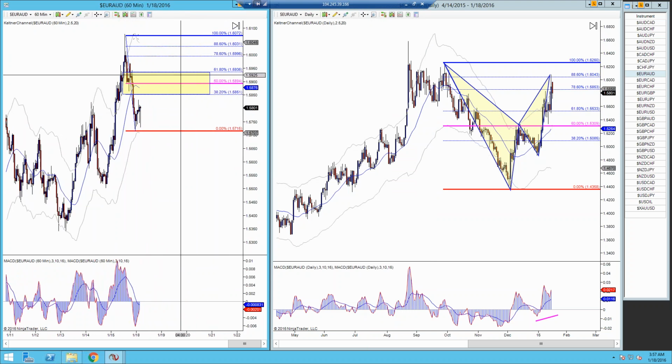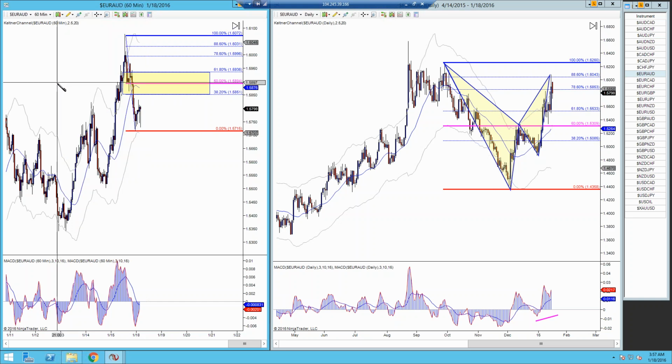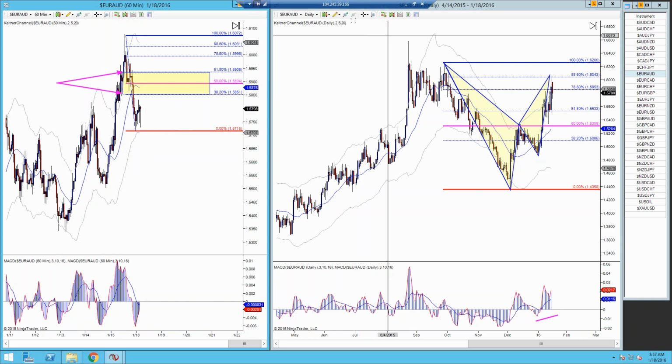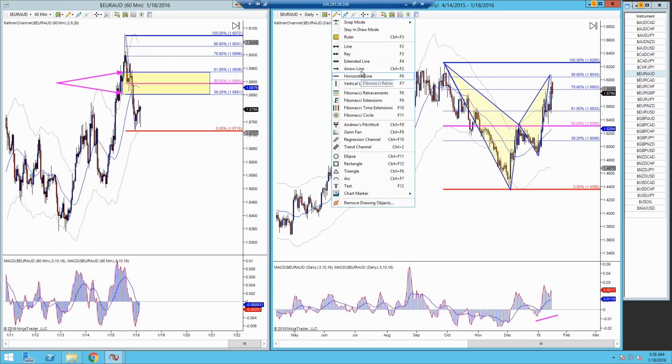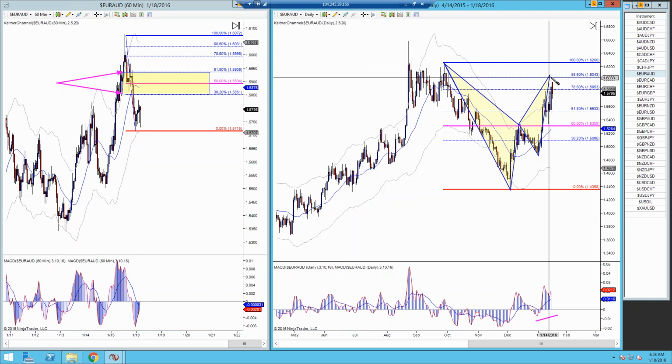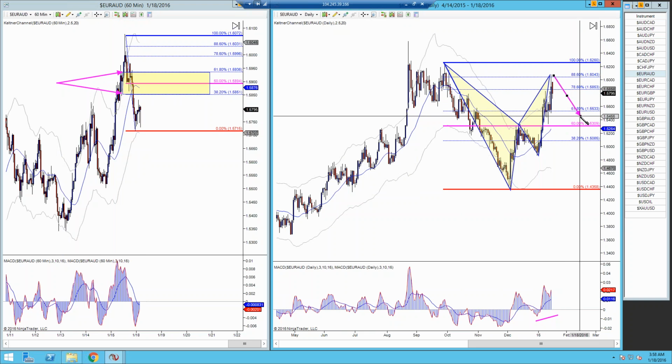So I would look at this zone right here, guys. Here to here, knowing overall that the market technically should start to make its way back down.